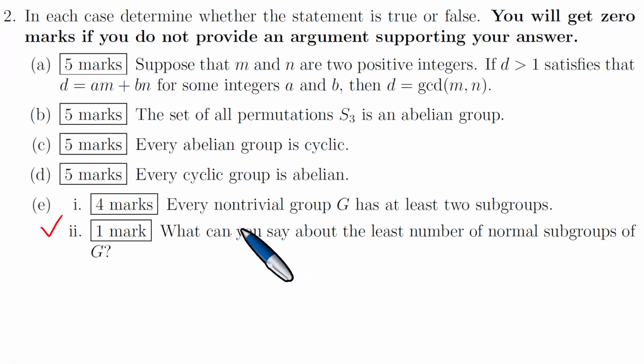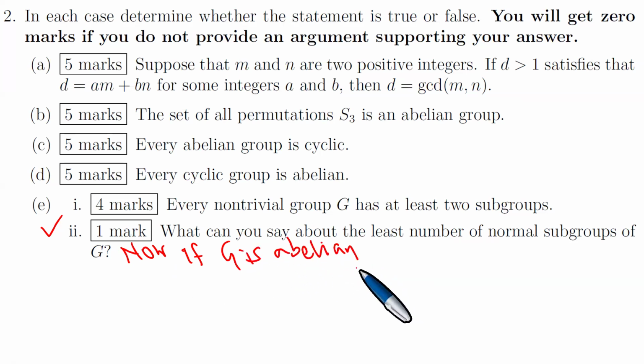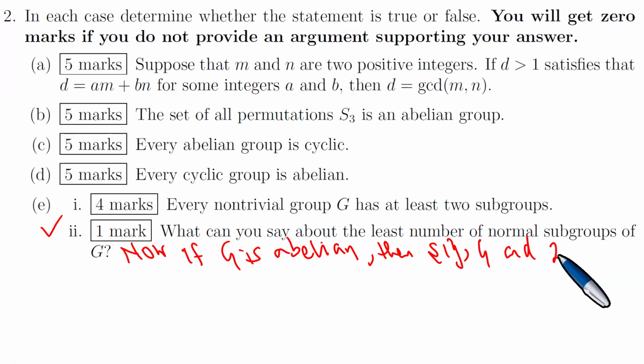First things first, if G is not abelian, then 1, G and the center of G, which I denote by Z of G, are normal subgroups.